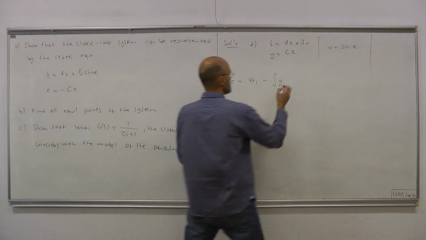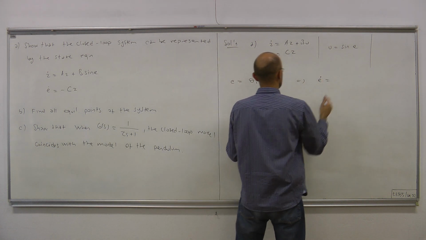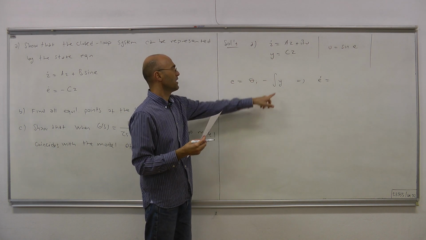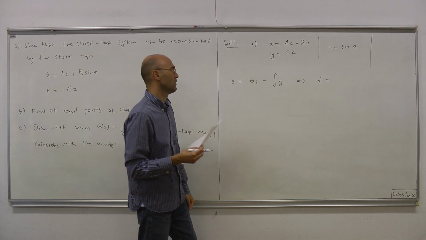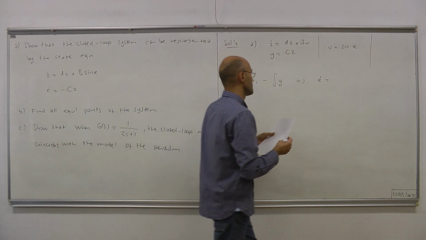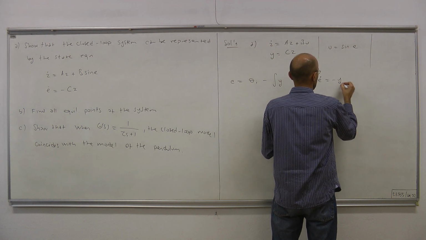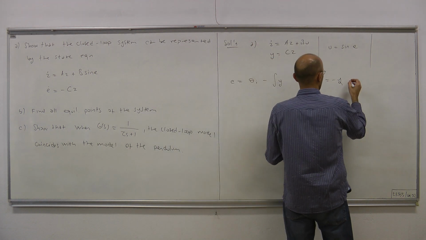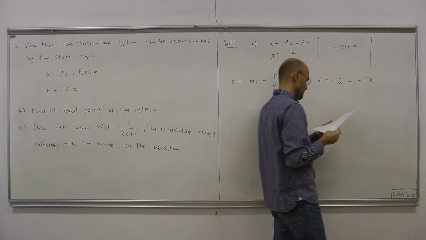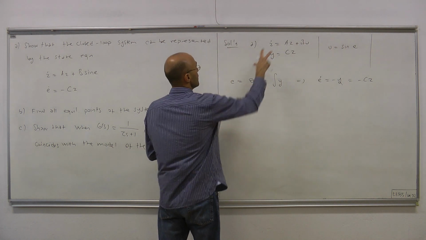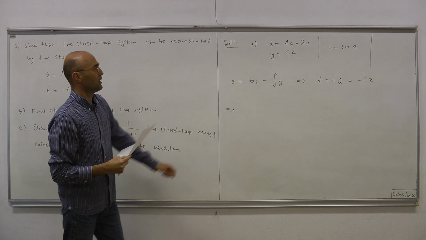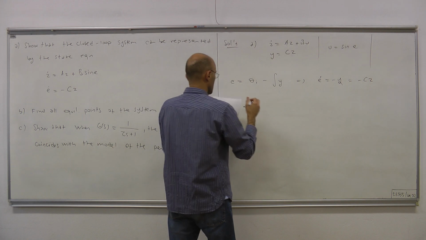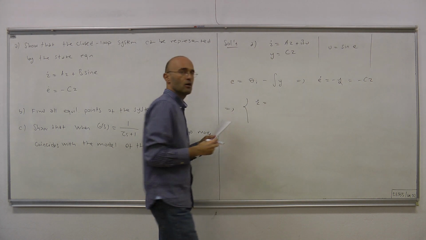Okay. So this produces what? E dot equals, this is constant, therefore when you differentiate that, it disappears. Then we have the integral, and we're left with minus y when you differentiate. Minus y. And since y is Cz, therefore we can write E dot equals minus Cz. Therefore, combining the last thing and the first thing that we have written down, we have the following model for the closed-loop system.